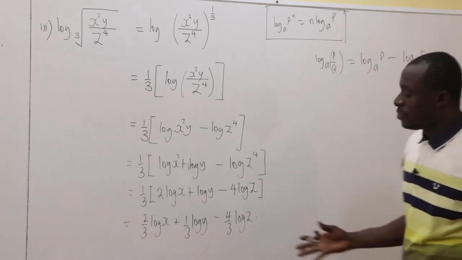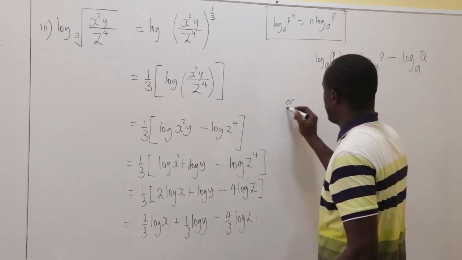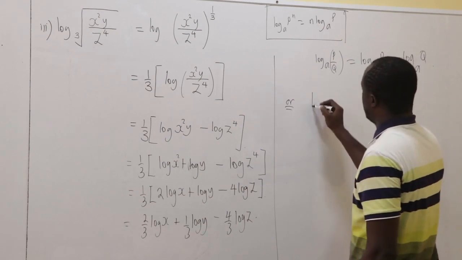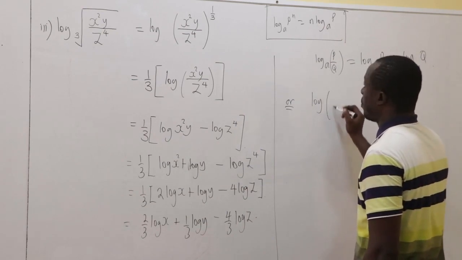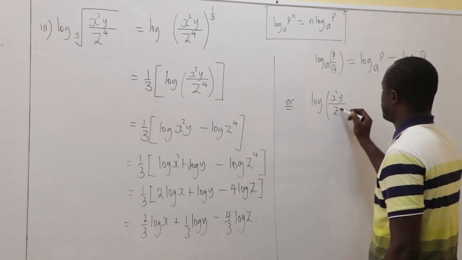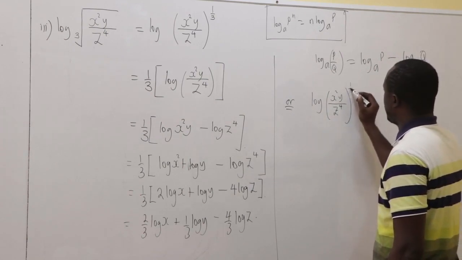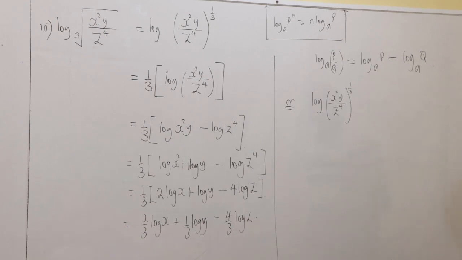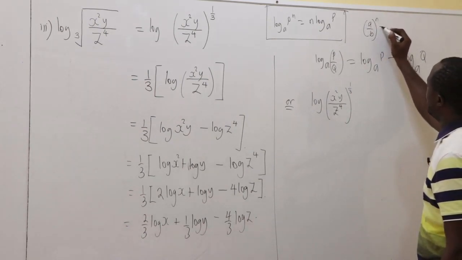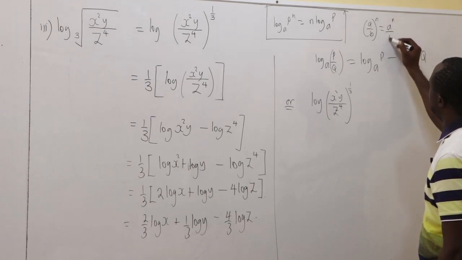Now either we use this method or let's see, we have log of x squared y all over z to the power 4, all to the power 1 over 3. Now from indices, we know if you have a over b all to the power n, this is the same as a to the n over b to the n.